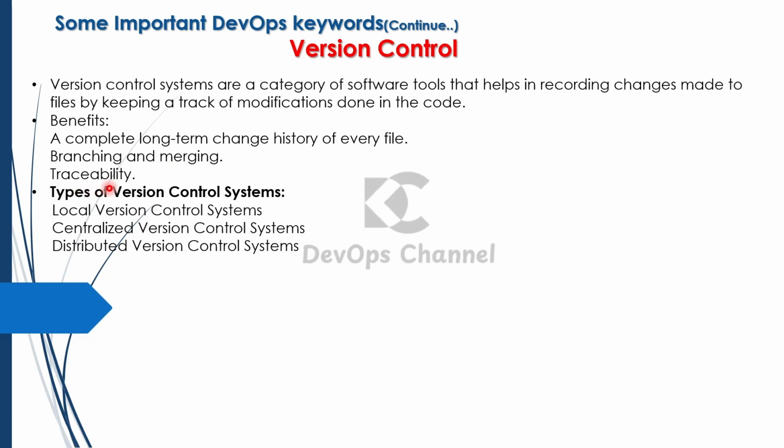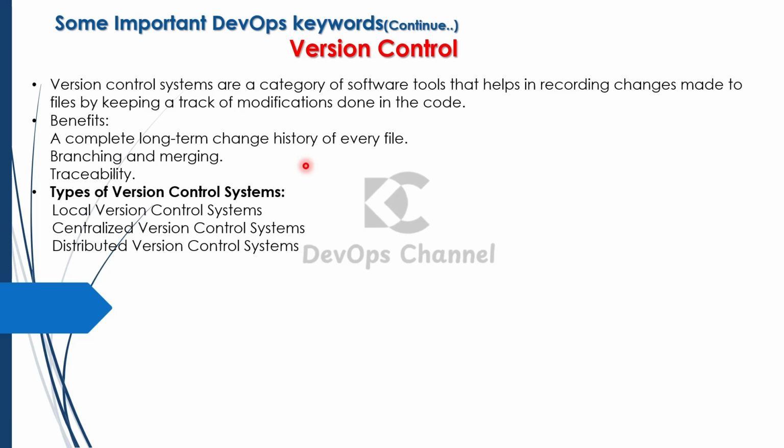Next one is traceability. Basically it keeps track of every change done, by which author and when. Okay, so these are the main three benefits of version control, and version control is not only used in DevOps, it is used in every development environment in the IT world. Now, when you talk about version control systems, you have three types.